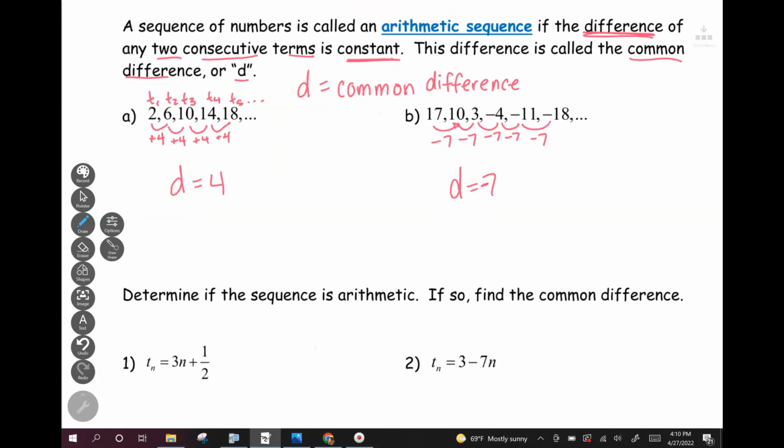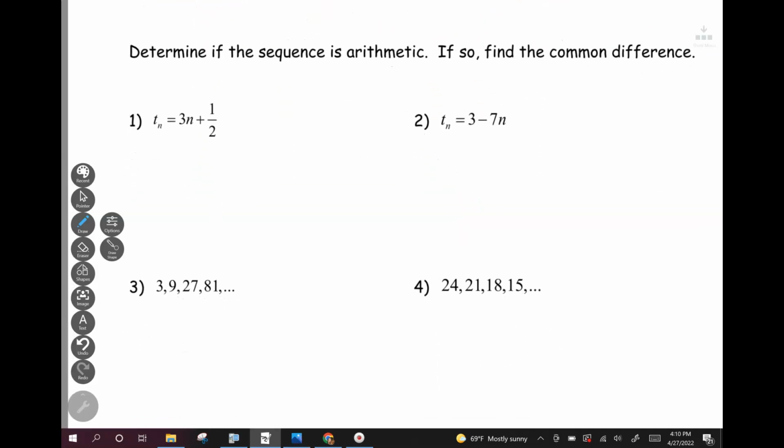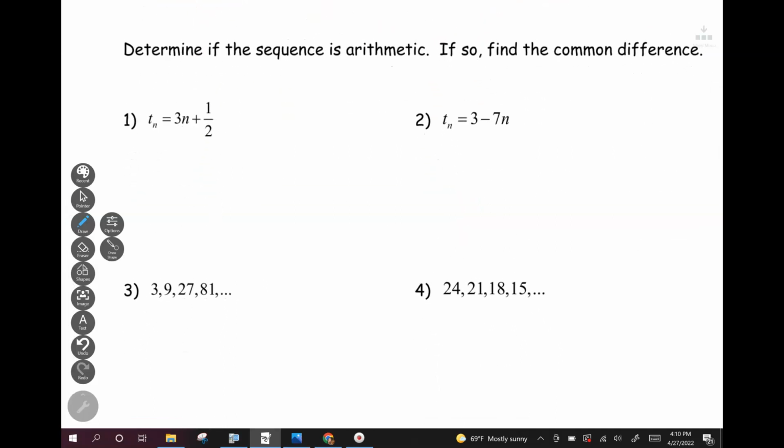That's our D. Okay, let's look at a couple of examples where we're going to figure out if it's an arithmetic sequence. So first, to do that, we're going to write the first couple of terms of the sequence, the first 3 terms.